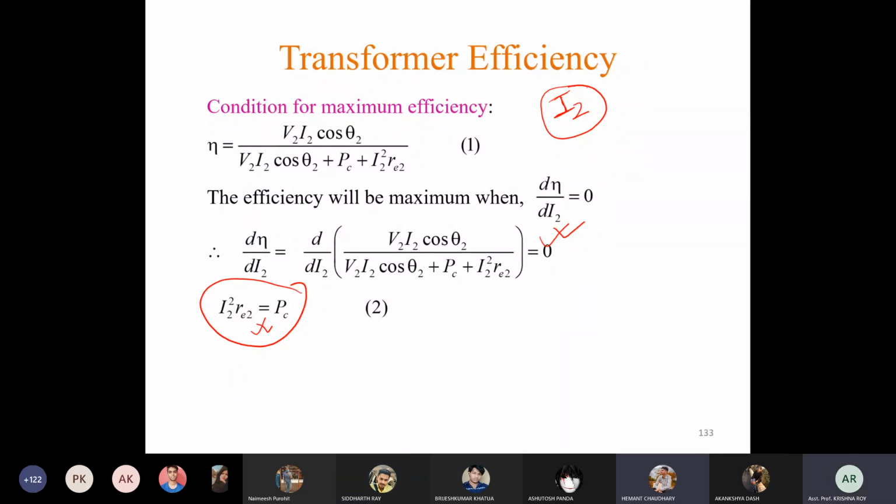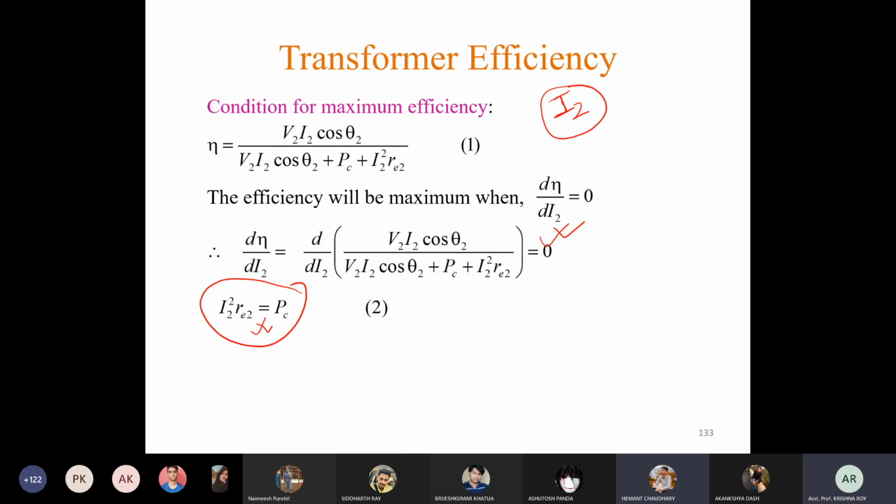The condition for maximum efficiency is that when the load current is such that it gives a copper loss value exactly equal to the core loss value, then the efficiency will be maximum. That means the fixed losses will be equal to the variable loss.